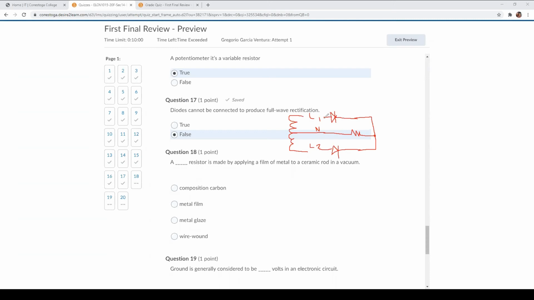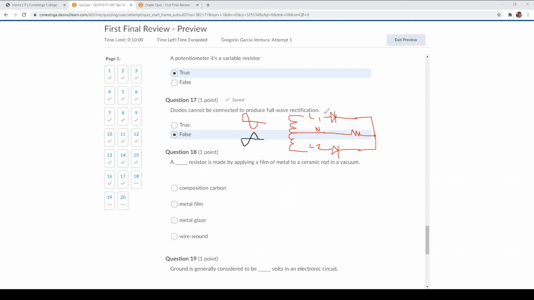Because line 1 and line 2 are 180 degrees out of step with each other. What does that mean? That the sine wave on line 1 looks like this. At the same moment, the sine wave on line 2, and I'm going to use black to make sure we have a different color, will look like this. You can see that when line 1 is positive, line 2 is negative, and that's why we can have a flow of current, because current will flow, in conventional terms, from positive to negative.